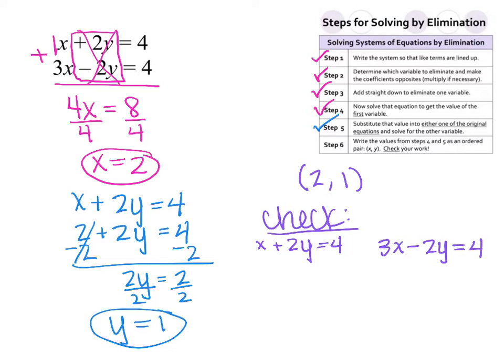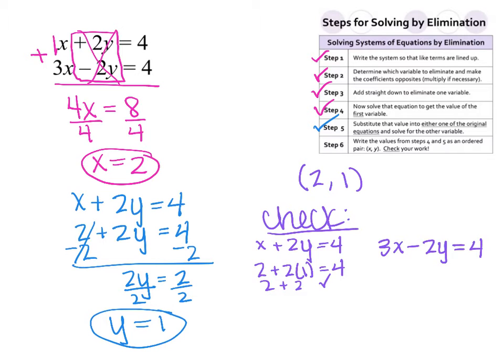If I put 2 in for x and 1 in for y, are they both true? 2 plus 2 times 1 is supposed to equal 4. Well, that's 2 plus 2, and that does equal 4. So the first equation checks out.